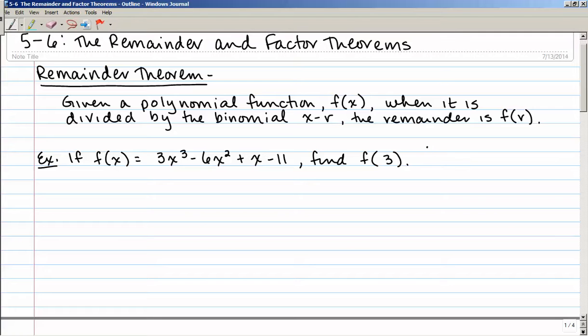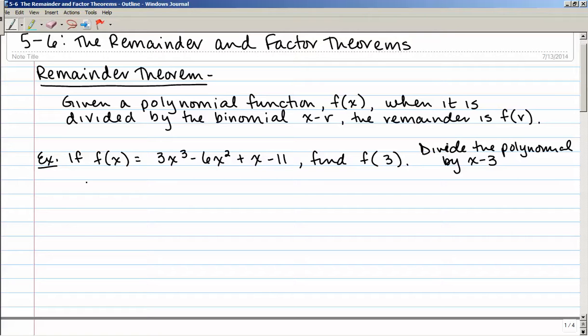So what I'm going to do is divide the polynomial by x minus 3. Now, why a negative 3? It's not really a negative 3 because the form says x minus r. In this case, my r is 3, so I'm going to do x minus 3.